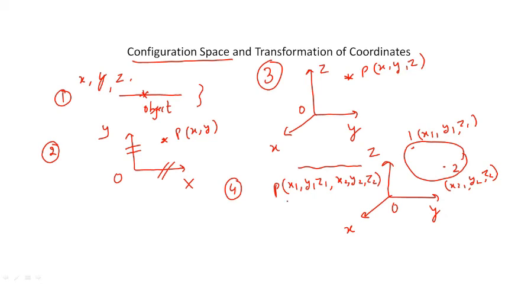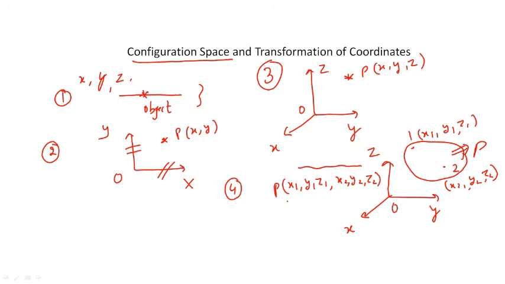Let us say it is a point P. We have replaced the two-point system by a single point system, but it still has 6 coordinates x1, y1, z1, x2, y2, z2. If you have to specify the position of this single system, clearly you need 6 coordinate axes.